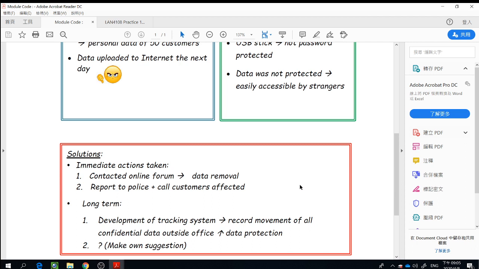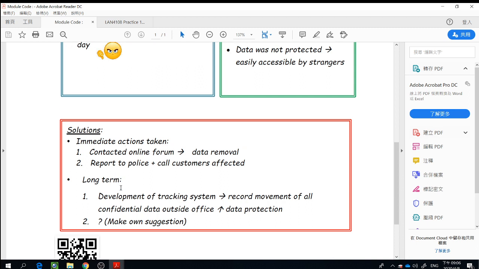As an immediate action, the officer in charge contacted the online forum to get all the data removed already, and the case was reported to the police immediately, and we have called the customers affected. This is the immediate and short-term solution.